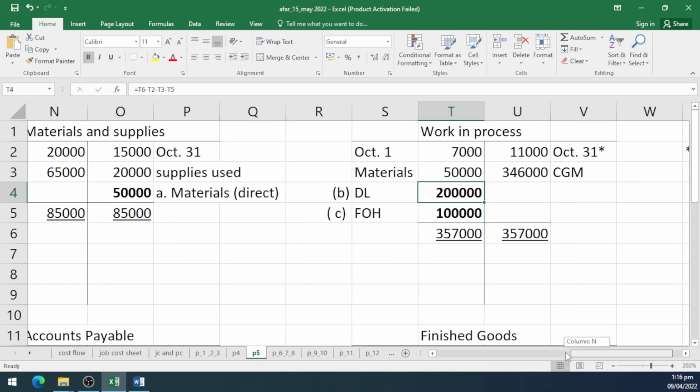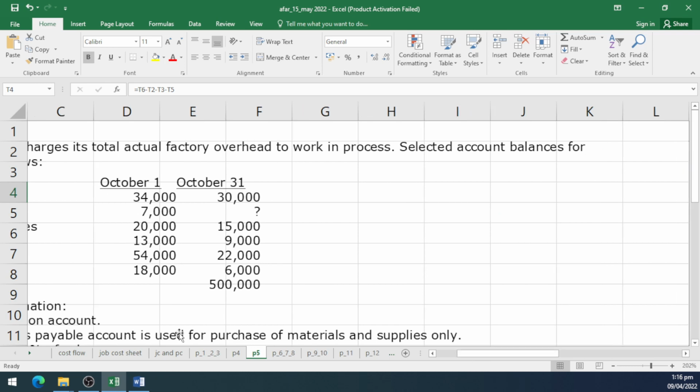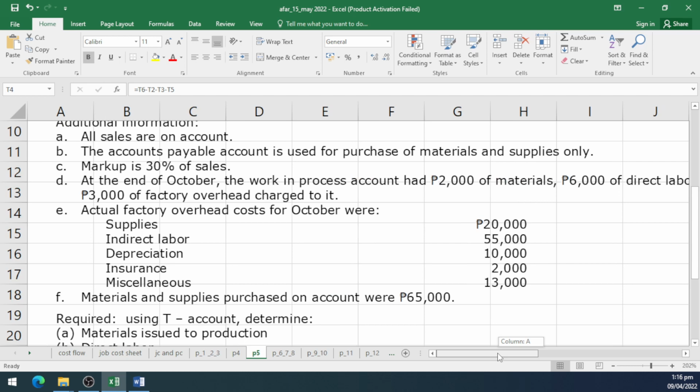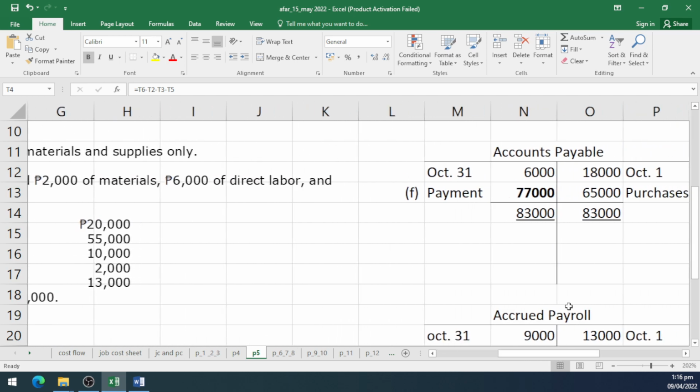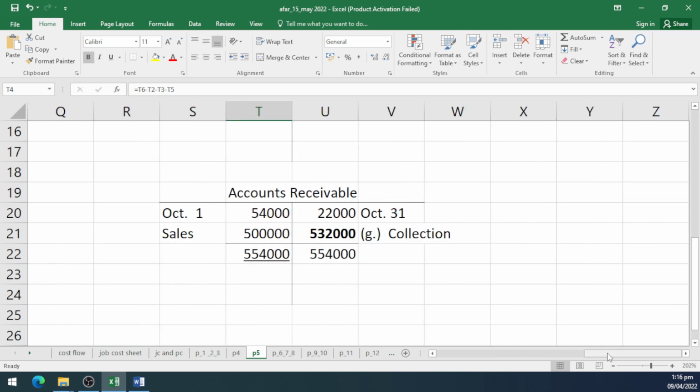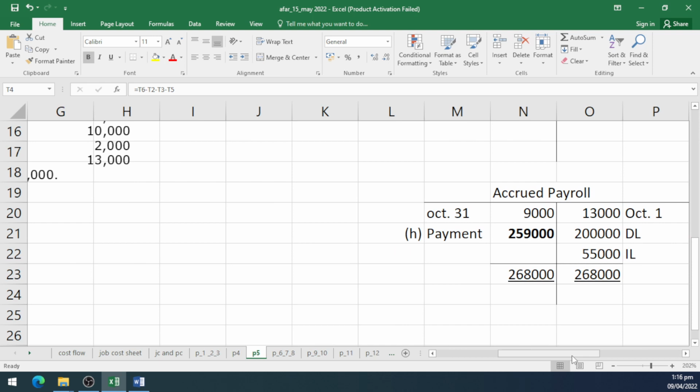At, mayroon tayong indirect labor na 55. So, ang total labor pala is 255. We now analyze the accrued payroll account to determine kung magkano ang payment ng payroll. Beginning, accrued payroll is 13,000. Then the total payroll for the month is 255, ano? 200,000 na direct at 55,000 na indirect.